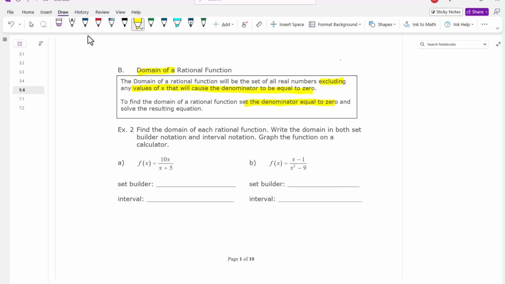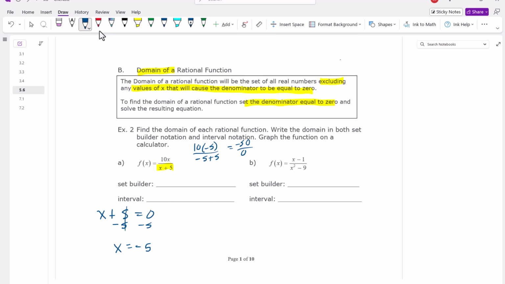Okay, so on this example 2a here, well, we can do this in your head too. It's just set the denominator equal to zero, solve the equation. So if x is equal to negative 5, see, it makes a zero denominator. So if you have 10 times negative 5 over negative 5 plus 5, that's undefined, but that's the only value of x that makes it undefined.